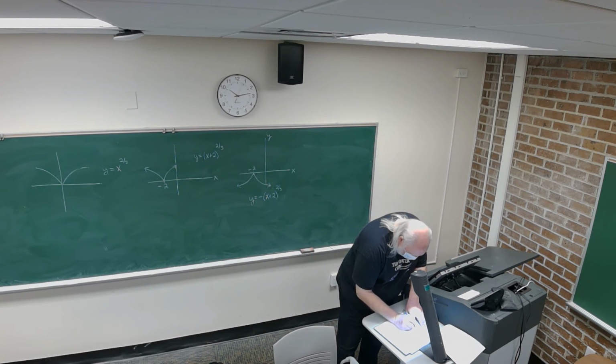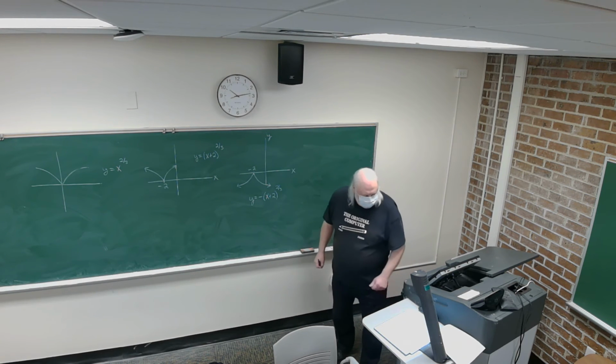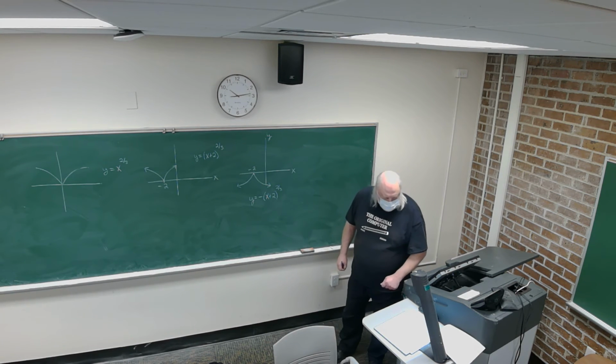Here's -1. And so that's the graph of this equation. Okay? After those 3 transformations are performed on our starting equation. Okay. Any questions on that?